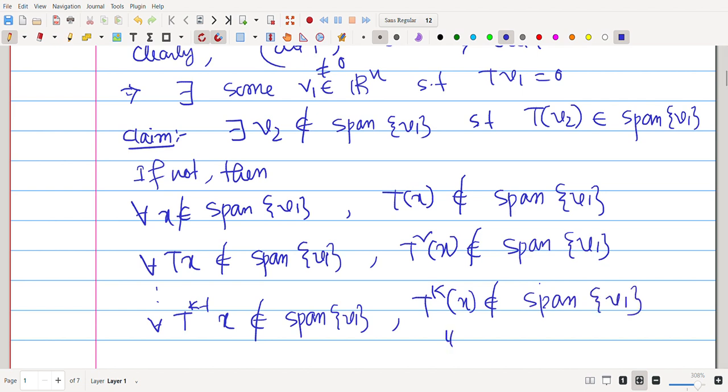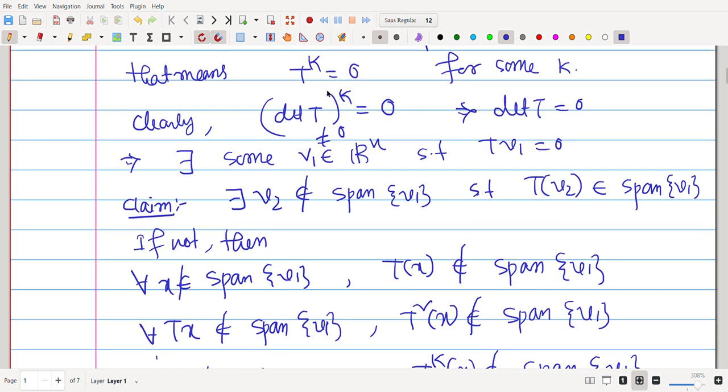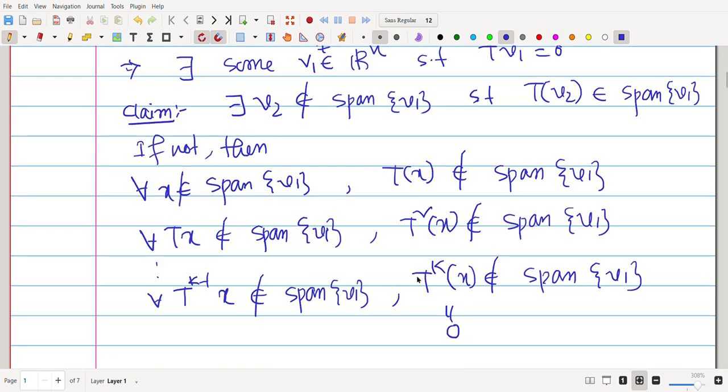But T power k x is 0 because T is nilpotent and T power k is identically 0. But it says that 0 doesn't belong to span of V1, which is a contradiction because span of V1 is a subspace. So 0 is always there, right? Hence this is the contradiction. That means this claim is true. So you can always find a V2 which is not in span of V1 such that T of V2 belongs to span of V1.